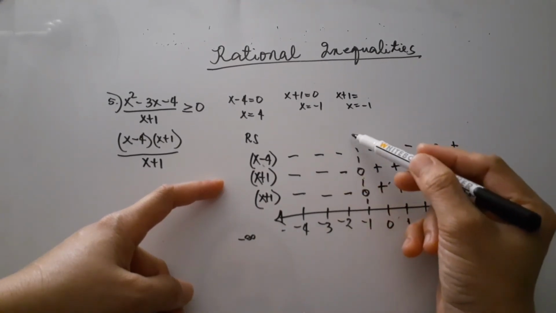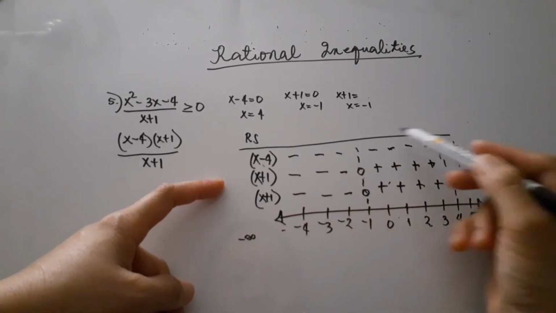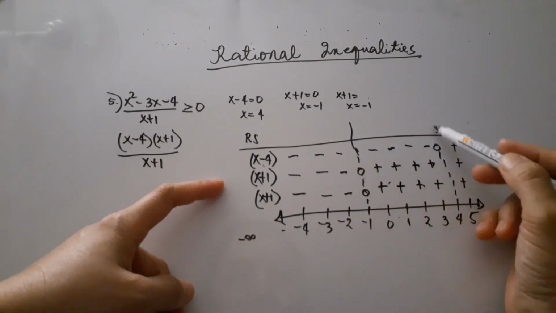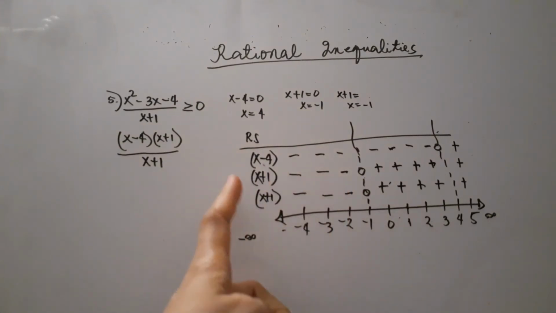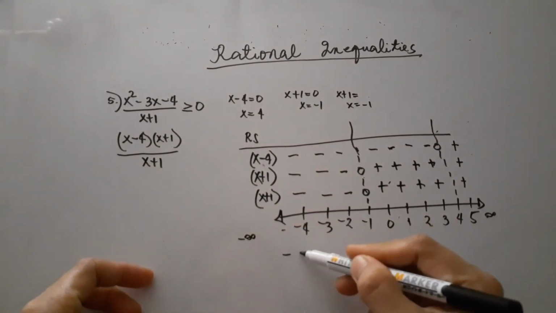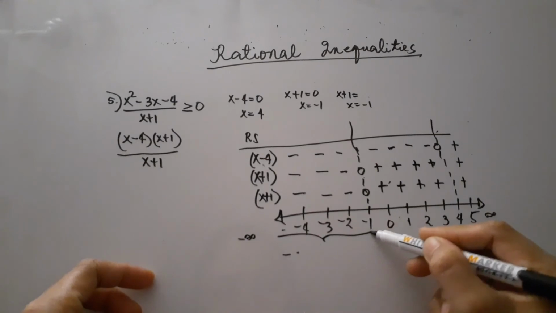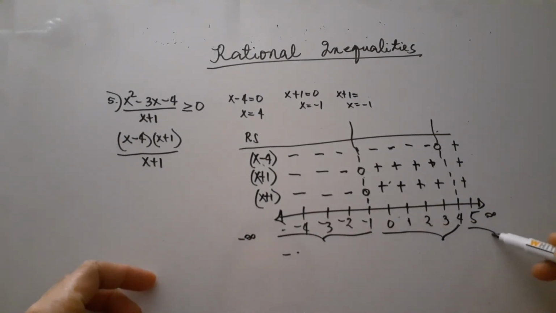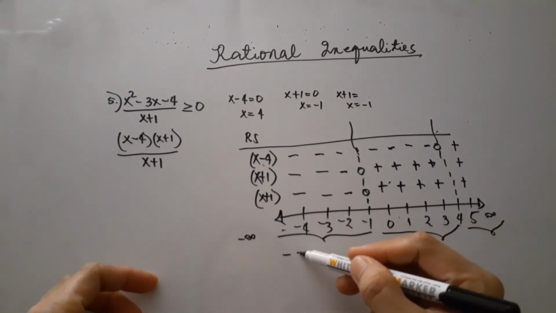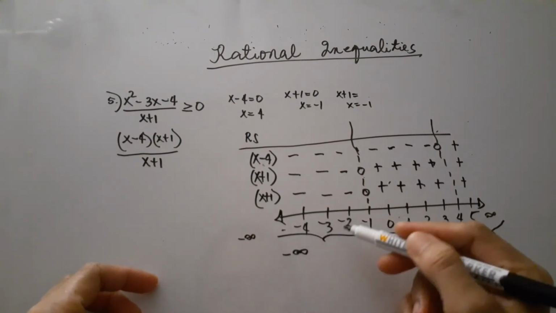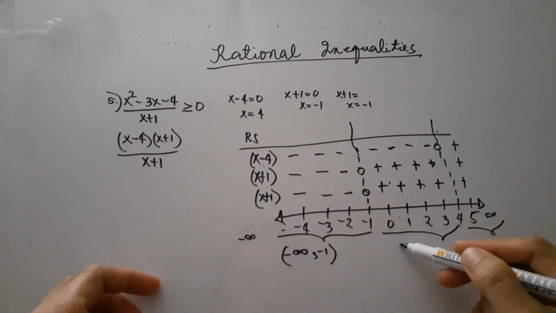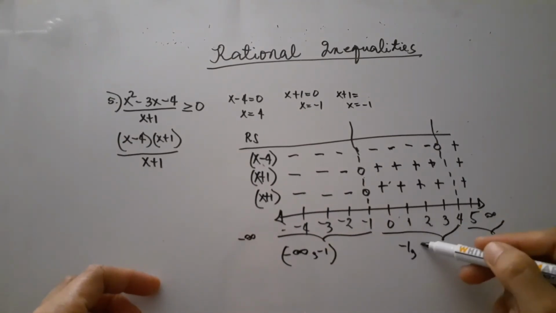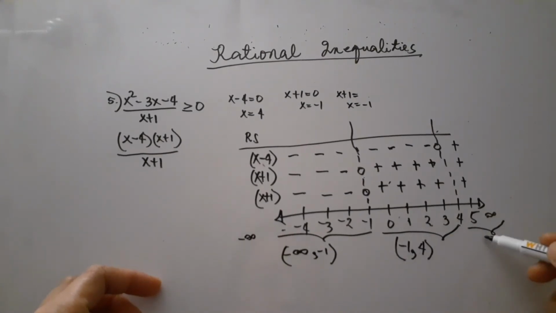And then in this resulting sign, we need to put the intervals here. So we have 3 intervals. We have negative infinity and negative 1, negative 1 and 4, then 4 and positive infinity.